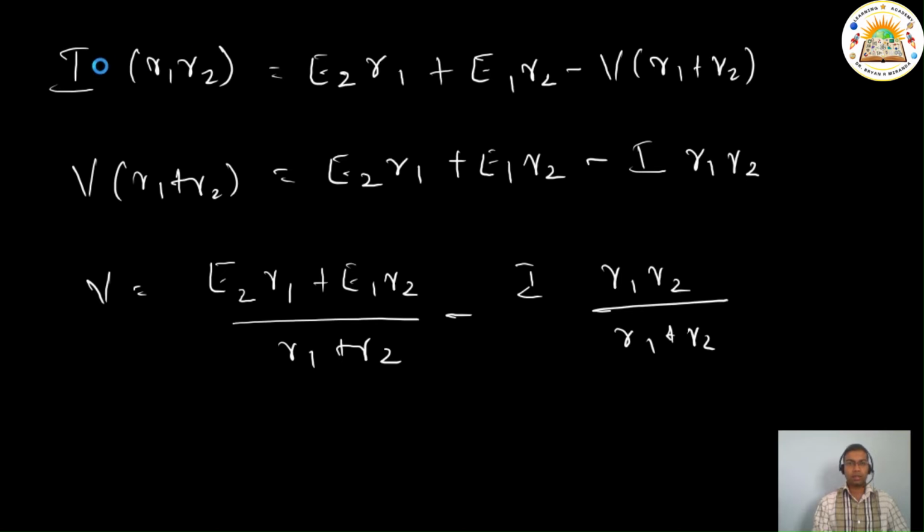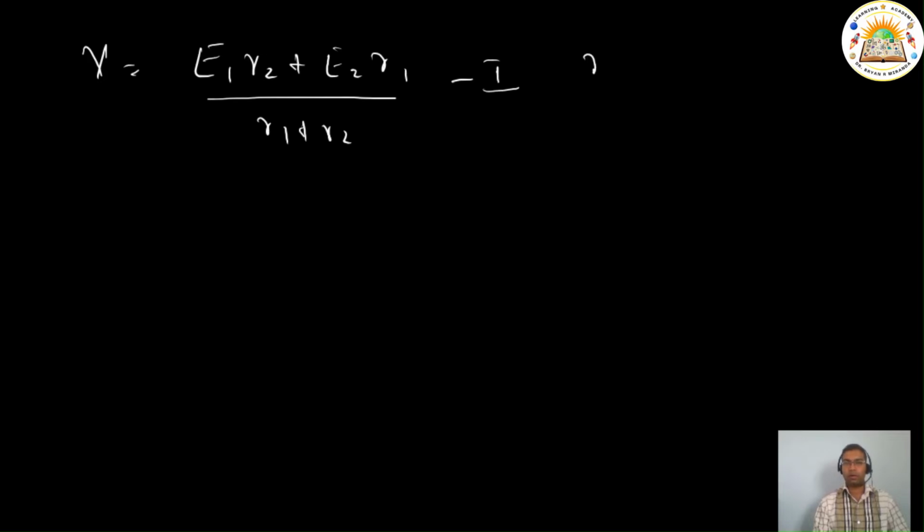That is, if I write the expression again, E2 R1 by R1 plus R2 minus I of R1 R2 by R1 plus R2.